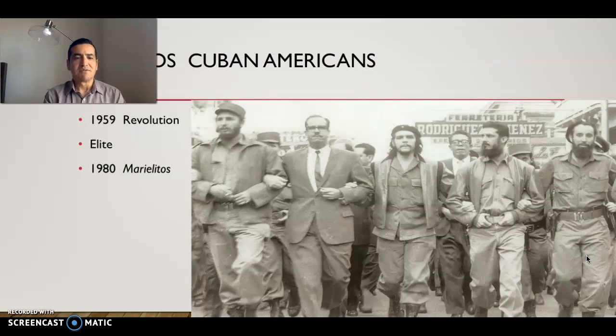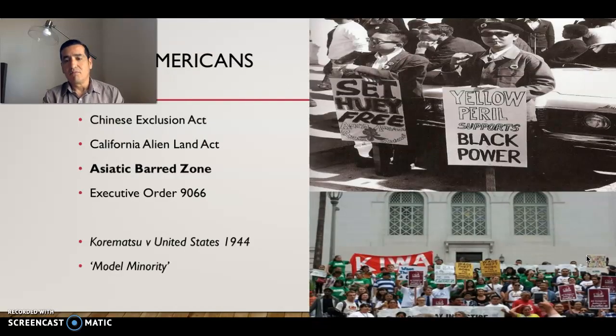Cuban Americans, we see the overthrow of the U.S.-backed dictatorship of Fulgencio Batista in 1959. Movements by Asian Americans against Chinese exclusion, California Indian Land Act.